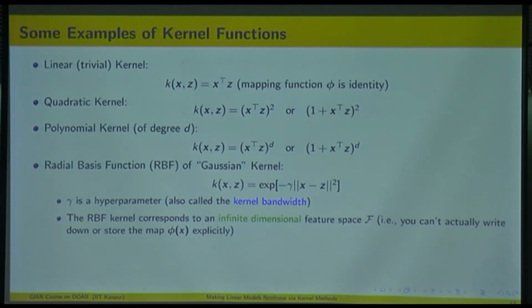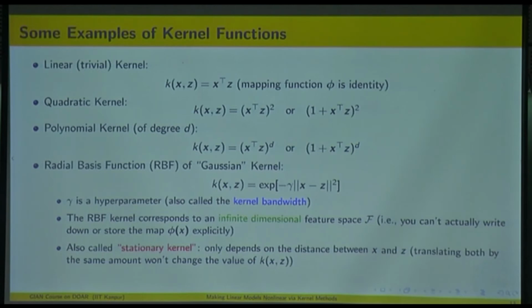Another thing that you should note regarding this kernel is that the Gaussian kernel is also known as a stationary kernel, and the reason why it's called stationary is that if you look at the mathematical definition of this kernel, the value of the kernel only depends on how far the two data points are. It does not depend on where the data points are located.